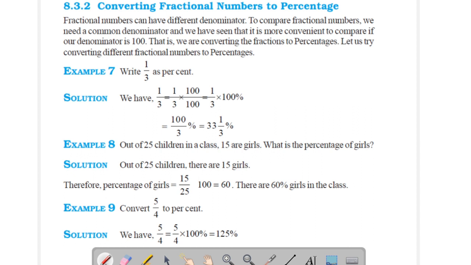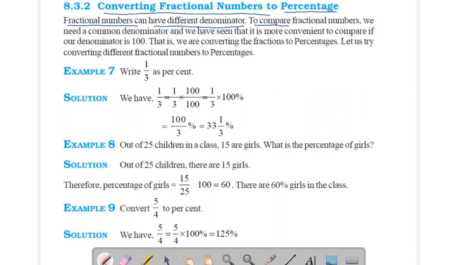Now come to the next topic, that is converting fractional numbers to percentage. Here fractional numbers can have different denominators.